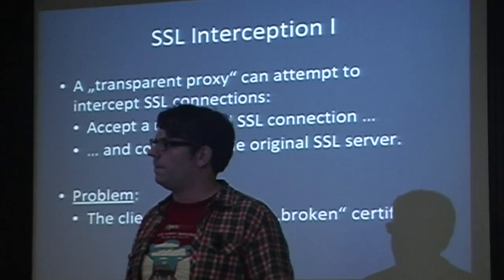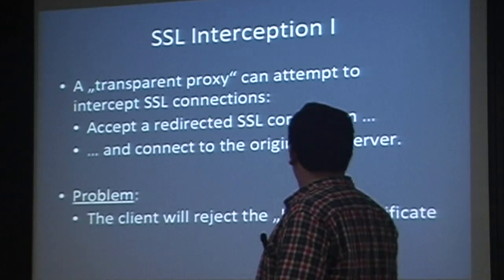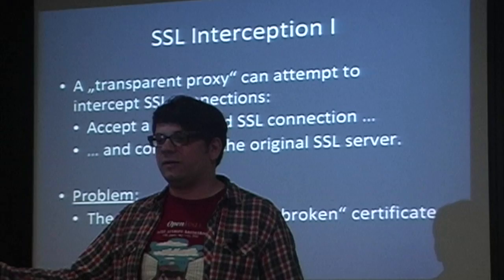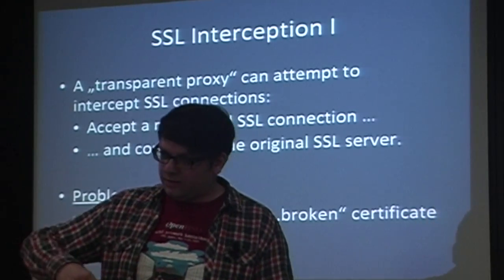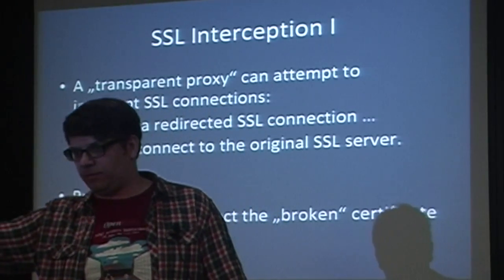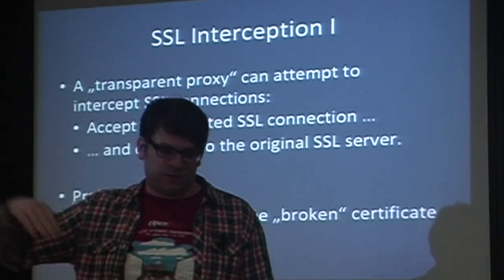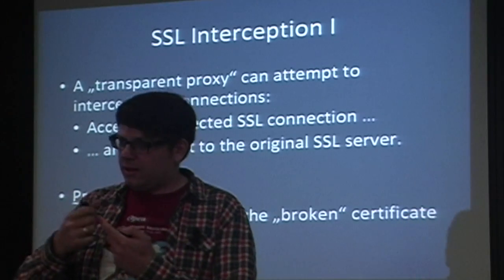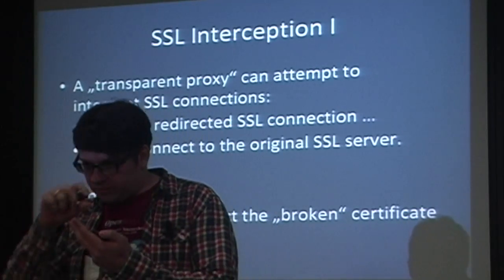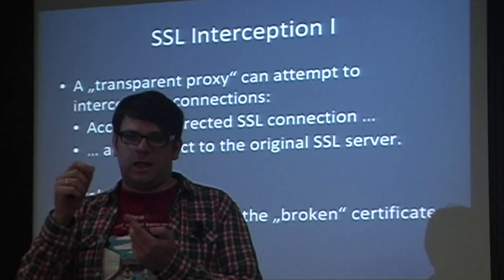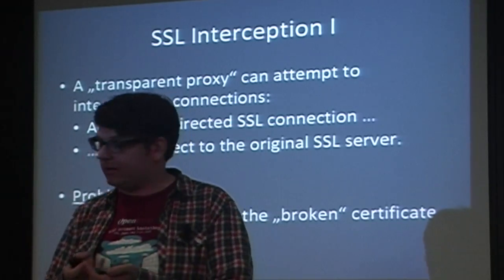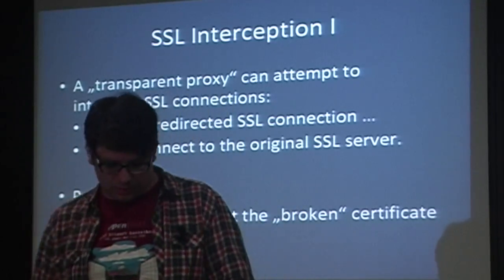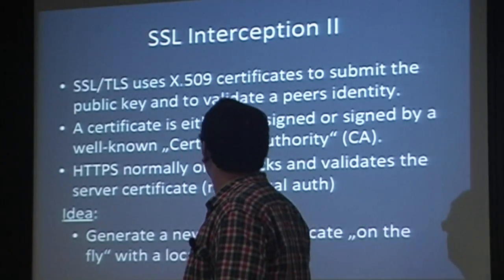But this doesn't work, of course, because the client will detect that suddenly it gets the SSL certificate from relayd and not the one from the web server. The client will detect that this certificate is not matching the host name or IP address that's written in the certificate, and it's not signed by a trusted CA, and so on. It's just a bad certificate.